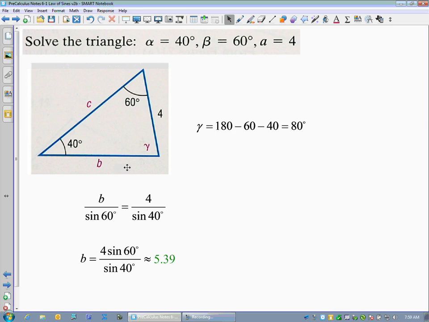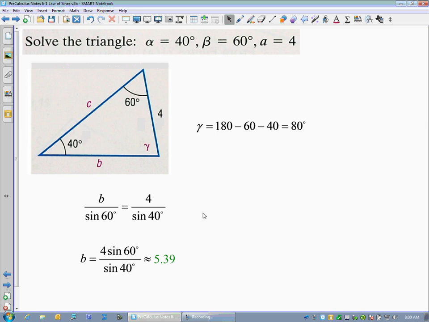All right, so we know b, we know gamma. The only thing left is to find length c. So again, we're going to set up the law of sines. We also do know gamma, so c is going to be to the sine of 80 degrees. Now for the other ratio, now that we do know the length of b, we could use the pair of b and 60 degrees, or we could use the 4 and 40 degrees.